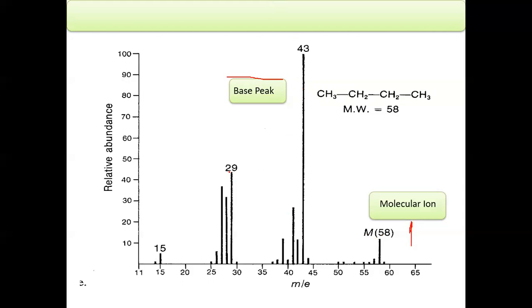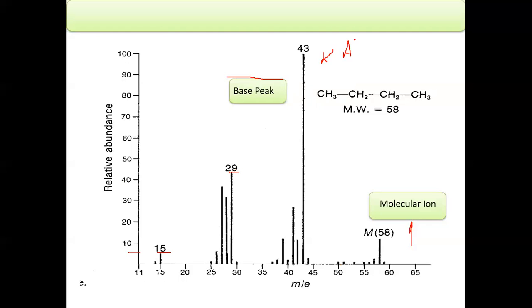The other peaks are described relative to that. Let us consider that m by e 29 has approximately 45% intensity. You can see the peak at 15 has a very small percentage, less than 10, so its abundance is less. So the base peak corresponds to the most abundant fragment.